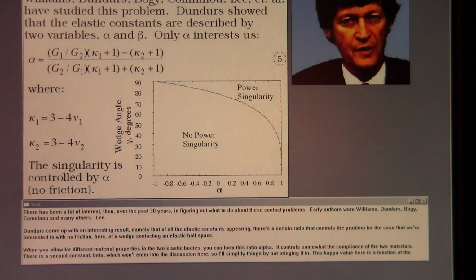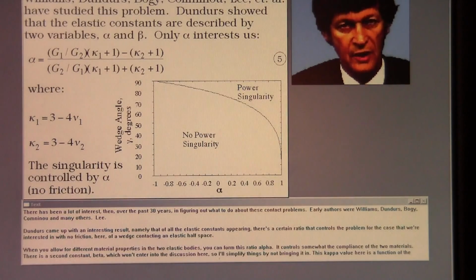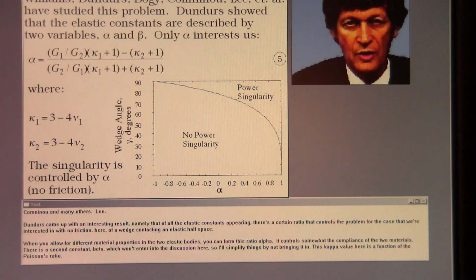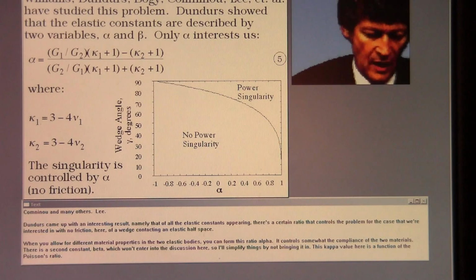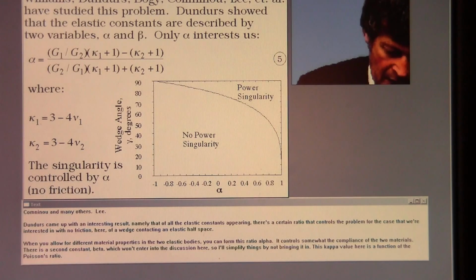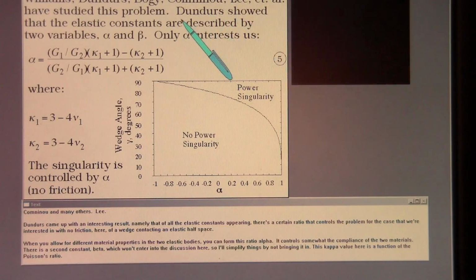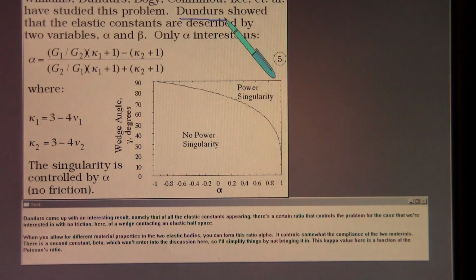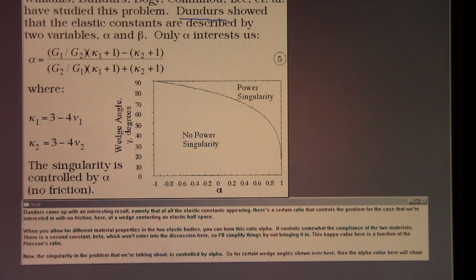There's been a lot of interest over the past 30 years in figuring out what to do about these contact problems. Early authors were Williams, Dundurs, Bogy, Kamanu, and many others, Lee. Dundurs came up with an interesting result, namely that of all the elastic constants appearing, there's a certain ratio that controls the problem for the case that we're interested in, with no friction, of a wedge contacting an elastic half space.